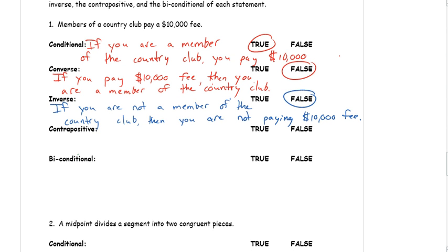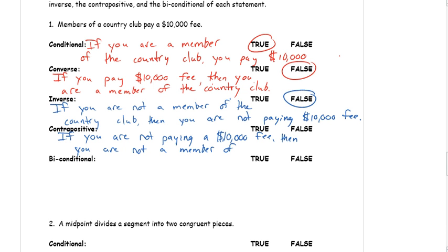Okay, look at another one. Contrapositive. This is where you flip and negate. So you do both things here. So we have if you are not paying a $10,000 fee, then you are not a member of the club.